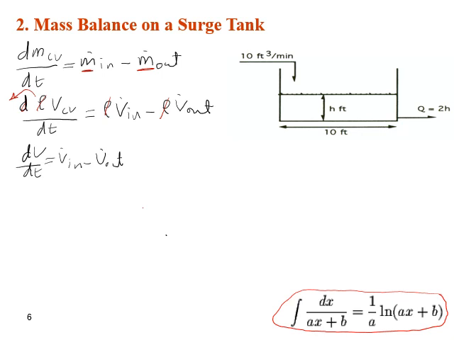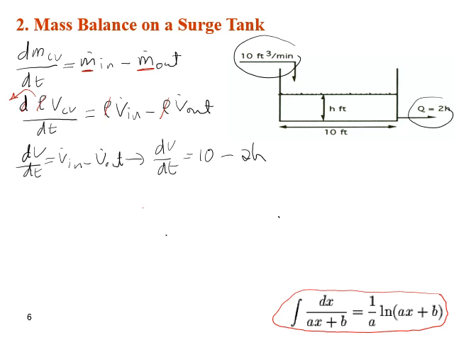And this V is of course the control volume, dV CV by dt. And now this will lead me to the following: dV by dt is equal to, what is V in? I have it here, which is 10 feet cubed per minute, minus this one. We said Q is equal to V out, which is 2h.